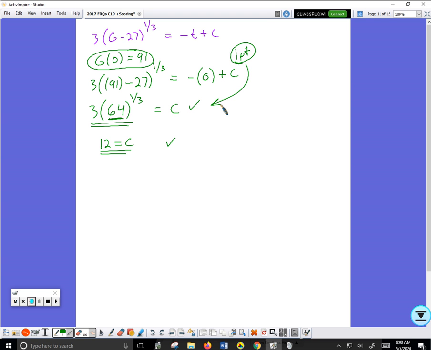So now to isolate, we go back to this equation here, and we write 3 times g subtract 27 to the 1/3 equals negative t plus 12. Remember, the isolate step is often the one that takes the longest, so not a bad idea to, at this point, move on to a new problem and come back to this one later. This one's not too bad. So we divide both sides by 3.